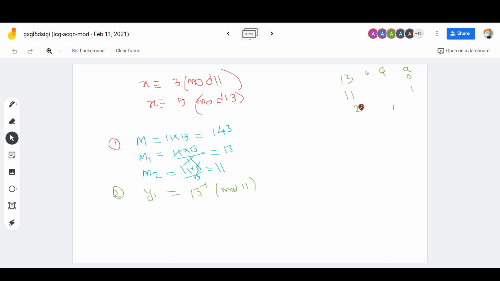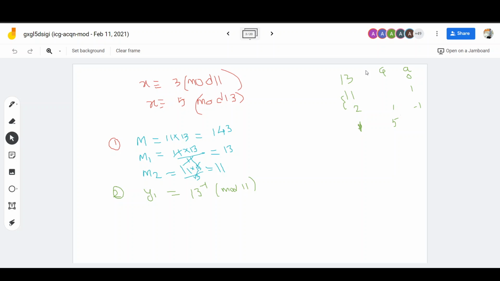Then the a value here is -1. Now these two you need to consider to compute. The remainder value is going to be 1, which is 5 times.